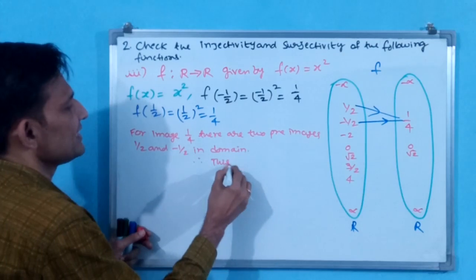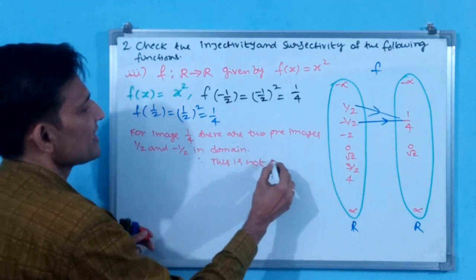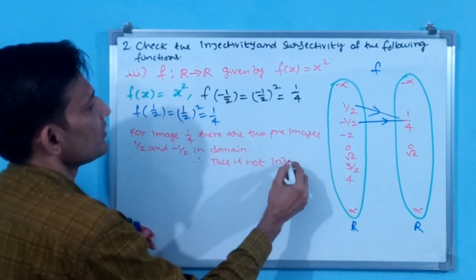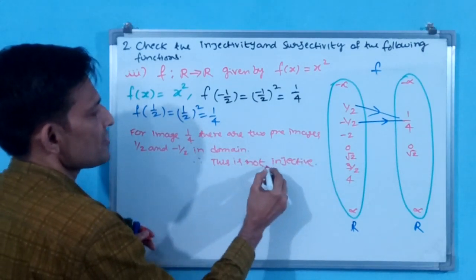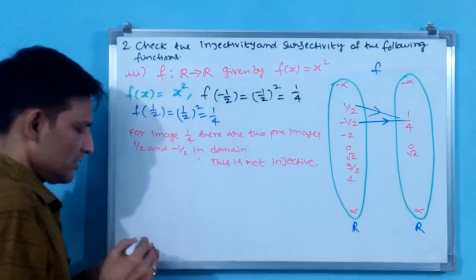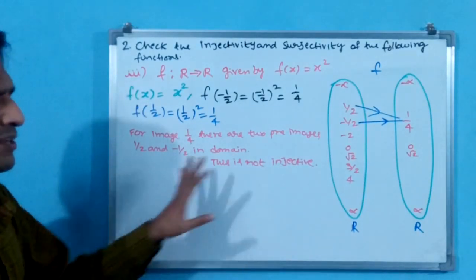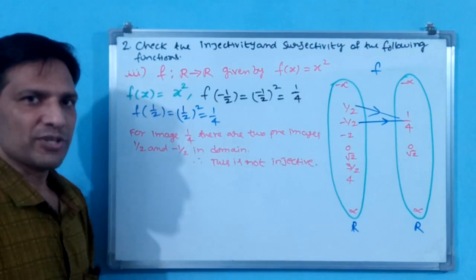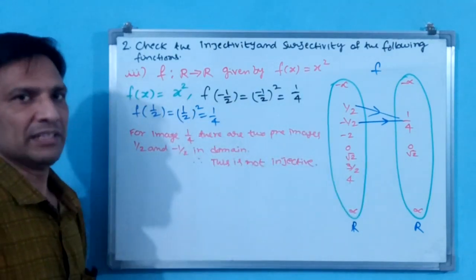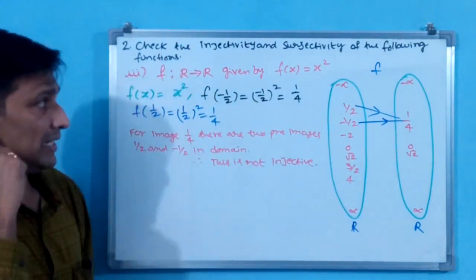Therefore, this is not injective. Now injectivity is over. We have declared that this is not an injective function. Why? Because it is a many-one function. Now we go for surjectivity.